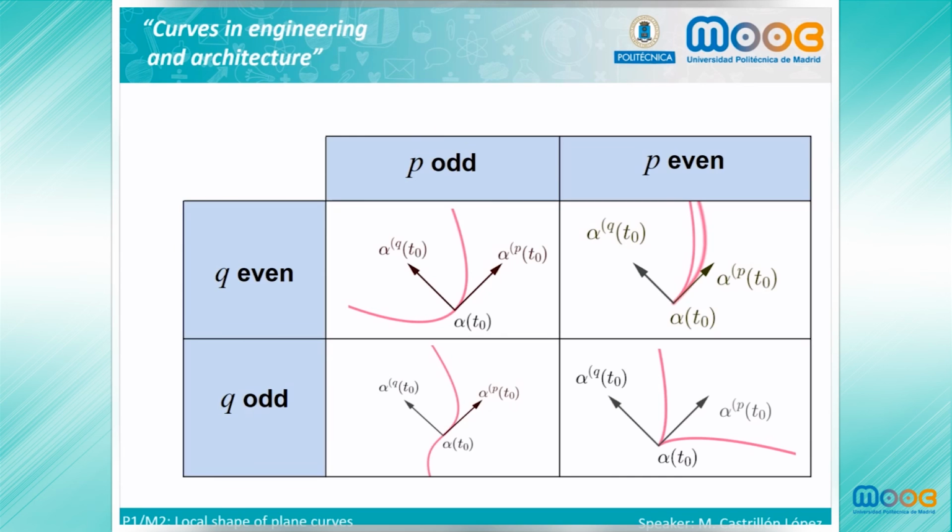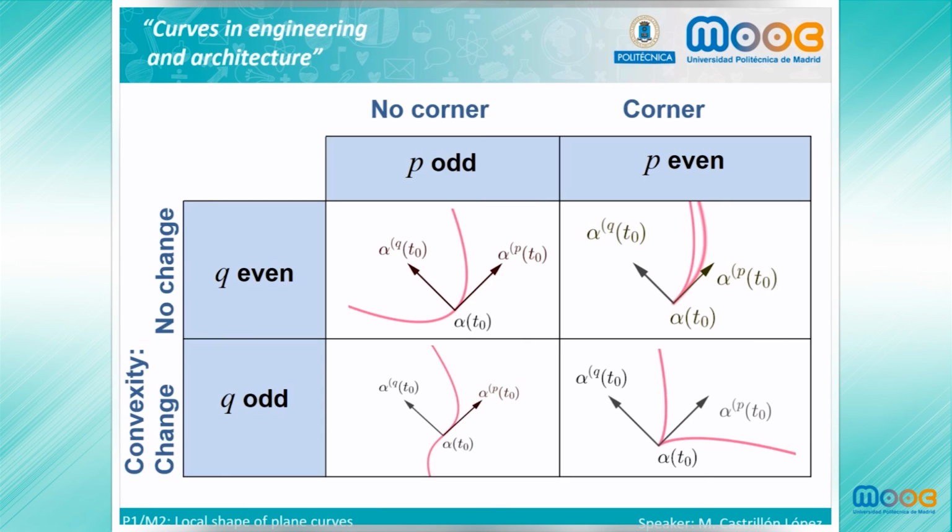Then we have this table of local shapes of curves with respect to the parity of P and Q. We have convexity points, inflection points, cusp points of the first type, and cusp points of the second type. Note that the existence of corners and the change of convexity is related with that change of parity of P and Q respectively.